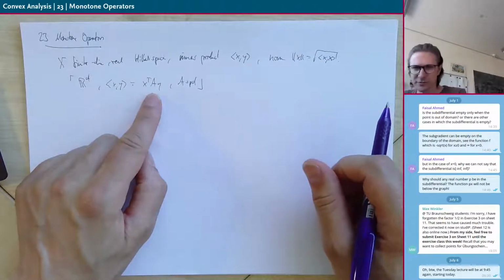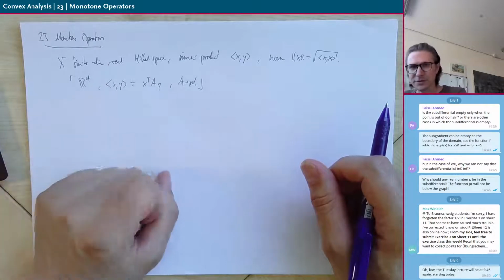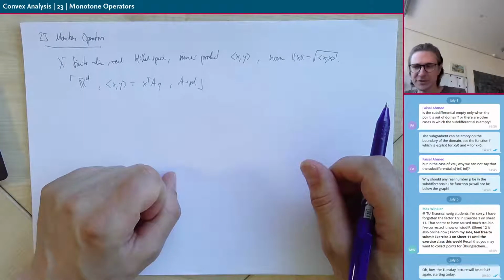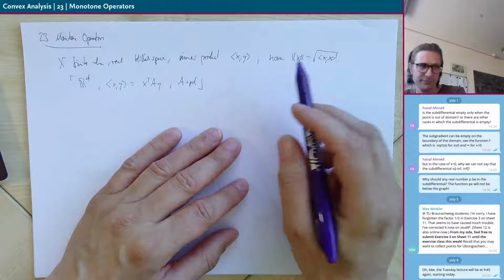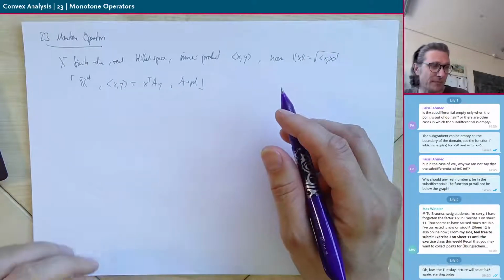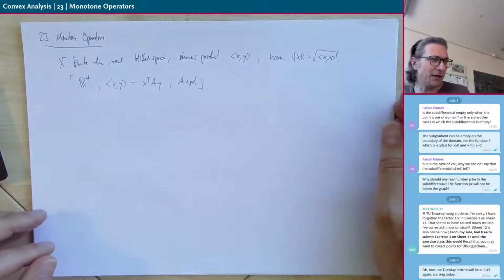Later on we're going to make use of this fact that we can have different norms on R^d which turn it into a finite dimensional real Hilbert space. The main thing for notation is I drop the index of the two norm, for all the norms, and I only write X for the space. Okay.